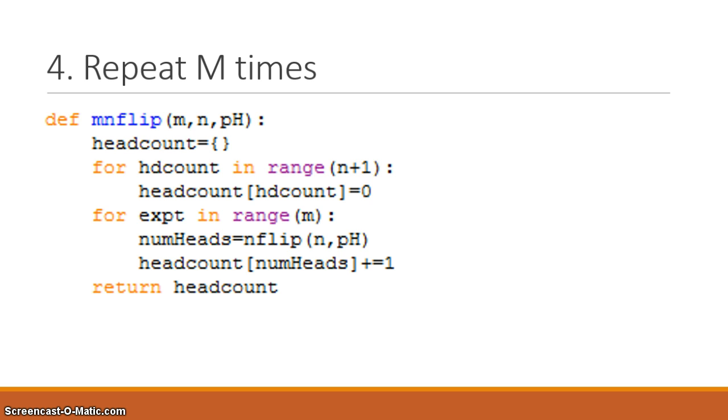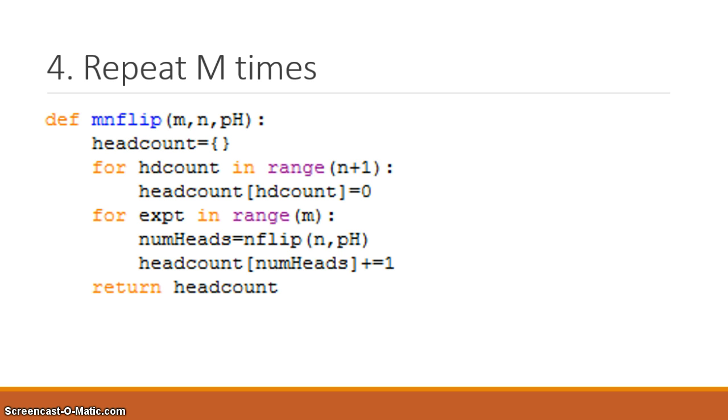So the keys of the head count dictionary will run from 0 to the number n. Then I set those keys a value equal to 0 because each is a starting point.